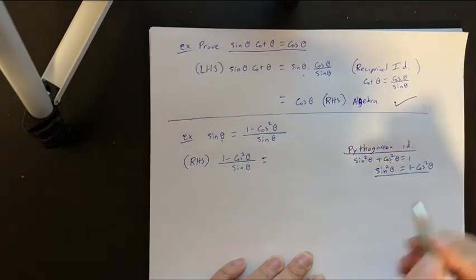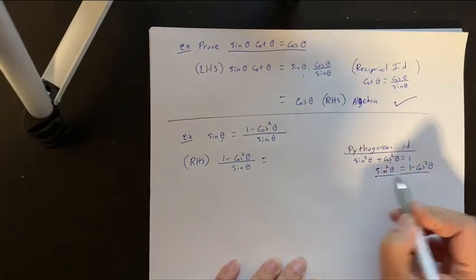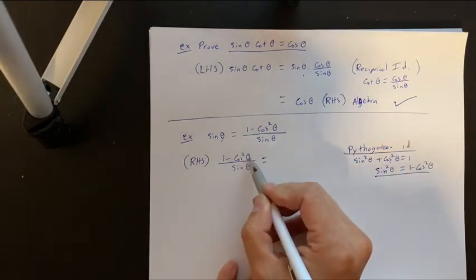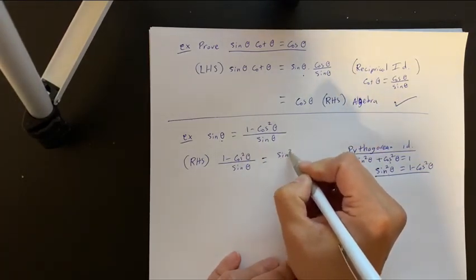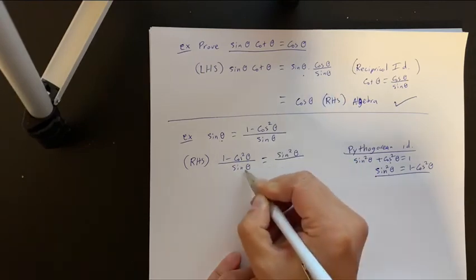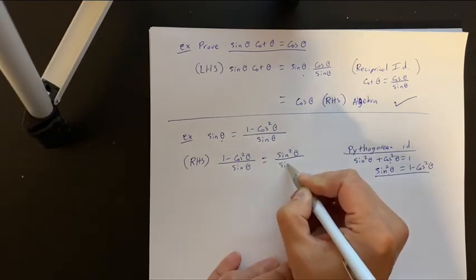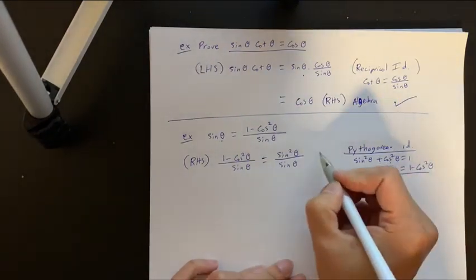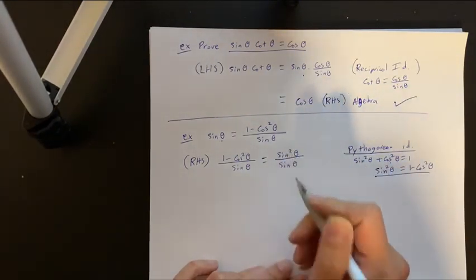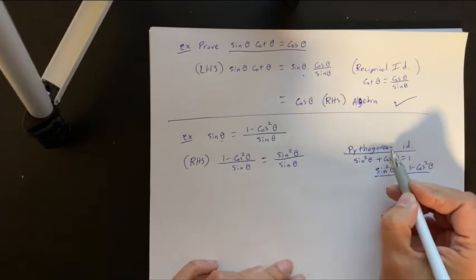Okay, so I get to replace this 1 minus cosine square theta with just sine square. And we're keeping the sine underneath. We're not doing anything with that. Okay, so here this step is justified by this Pythagorean identity.